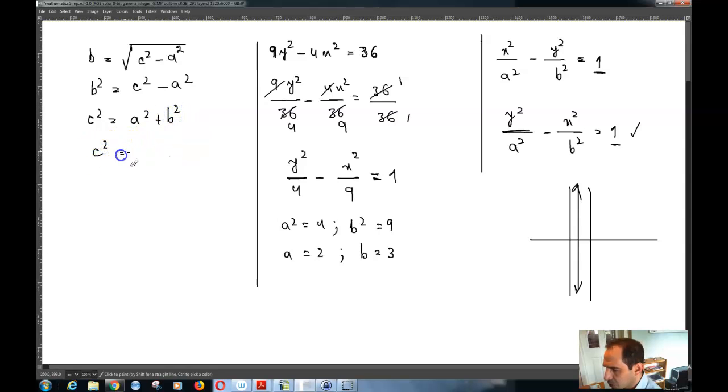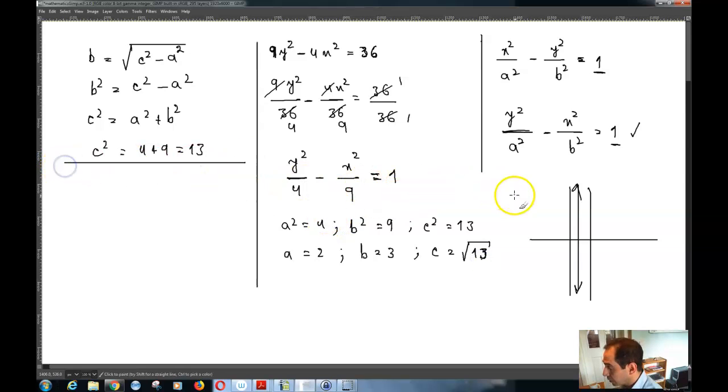So now c squared is equal to 4 plus 9, which is equal to 13. So c squared is equal to 13, and so c is equal to the square root of 13.